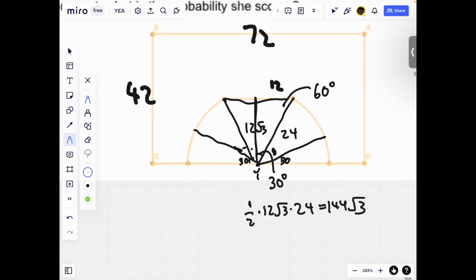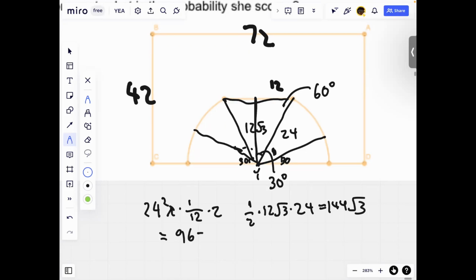So therefore they're each 1/12 of the circle, and since the radius is 24, we have 24 squared pi times 1/12 times 2, since there are two of them.